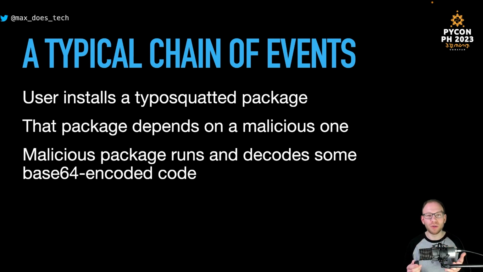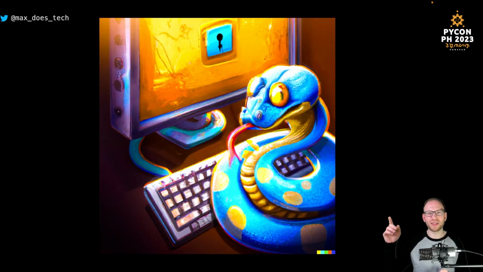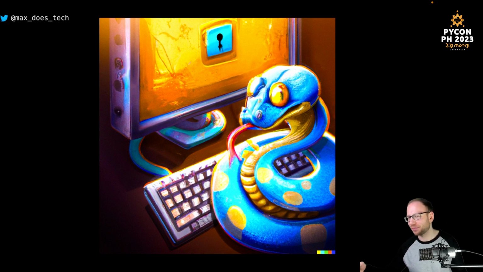But all that code will usually do is download the actual malware, the real payload, from a remote server. And that's usually the attack chain. The overall result of this is a very sad snake. And we want to avoid that.